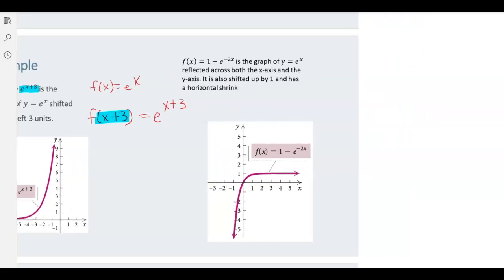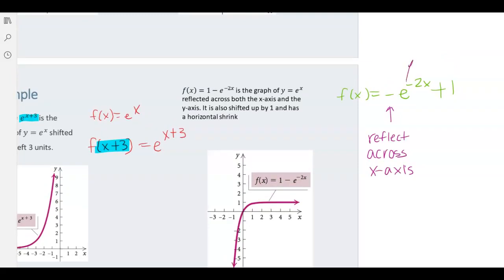The second graph that we see here, I'll rewrite this as f of x equals negative e to the negative 2x plus 1. So this is going to be a reflection across the x-axis. This is going to be a reflection across the y-axis.